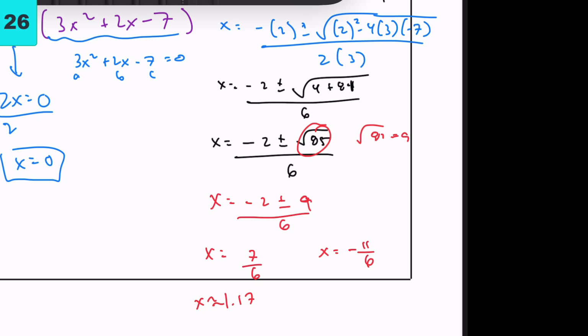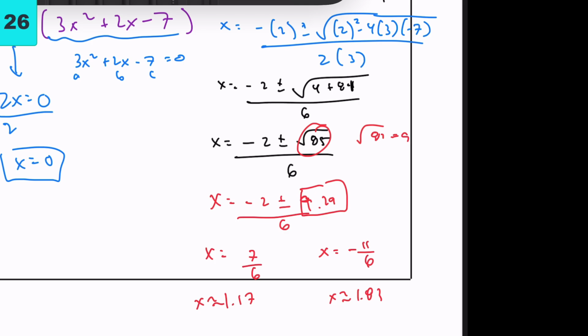Approximately. I mean, those are close. Let's just get the square root of 85. Yeah, it was 9.29. So not too far off.